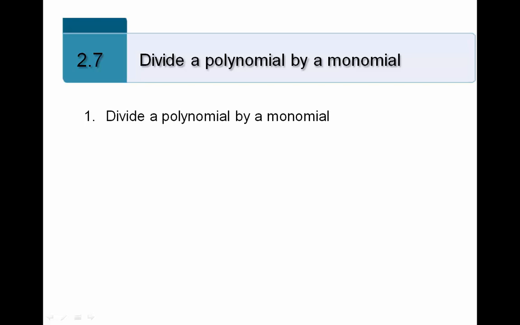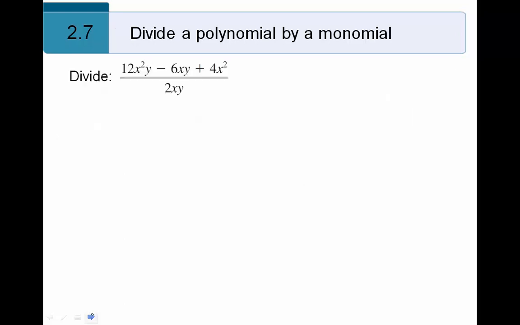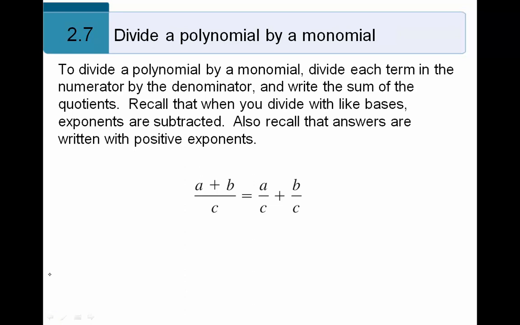Section 2.7. In this section, we will divide a polynomial by a monomial. To divide a polynomial by a monomial, we'll divide each term in the numerator by the denominator and write the sum of the quotients.